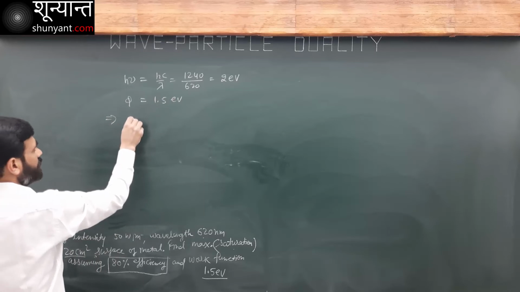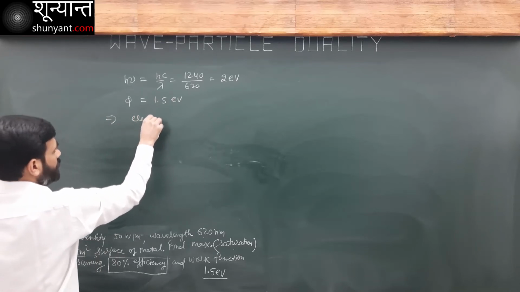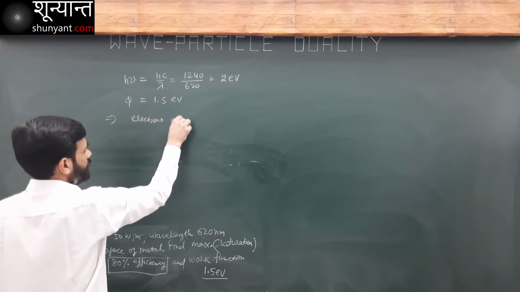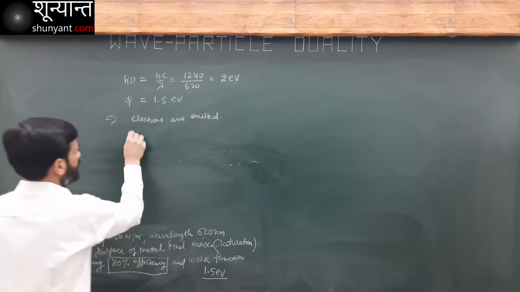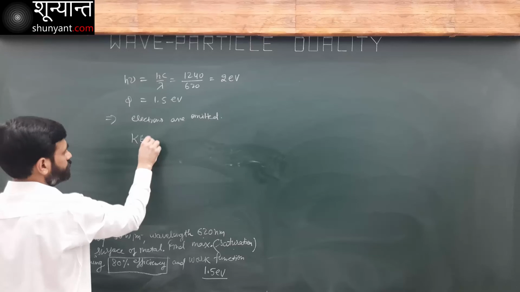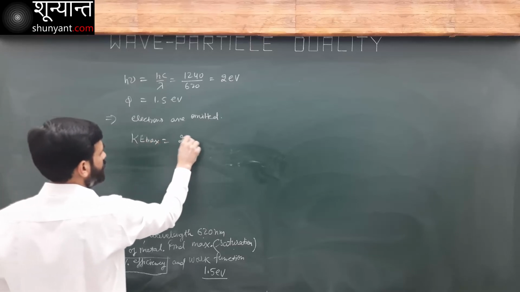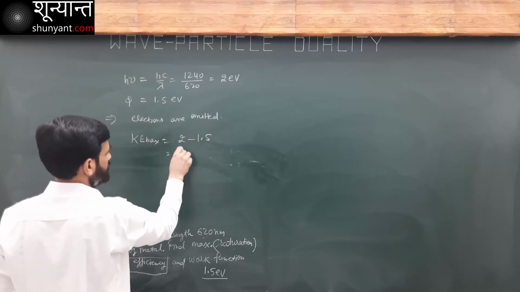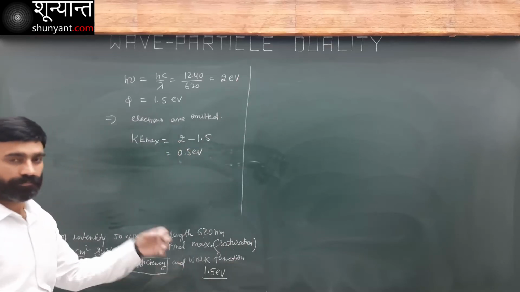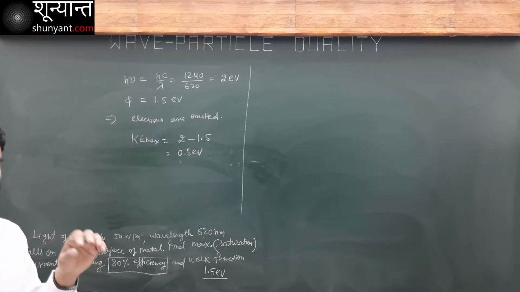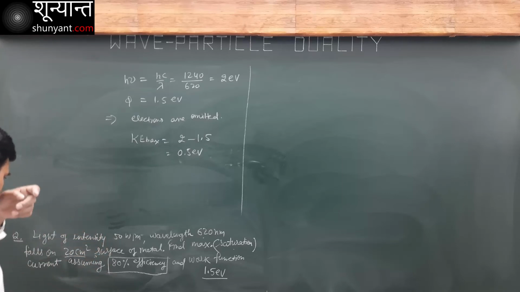That means electrons are emitted. Okay, kinetic energy maximum is 2 minus 1.5. This is 0.5. Now, electrons will be emitted. There will be current. Now, what is it?